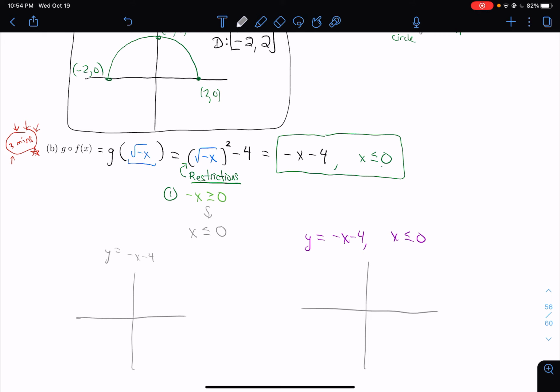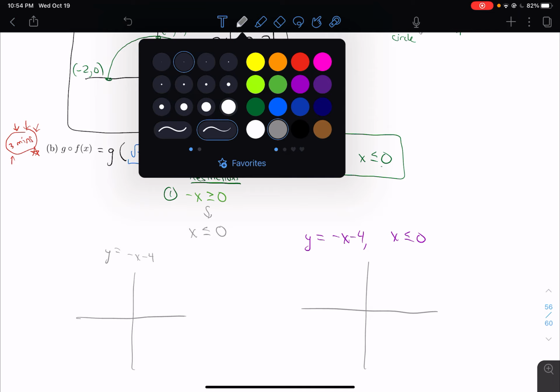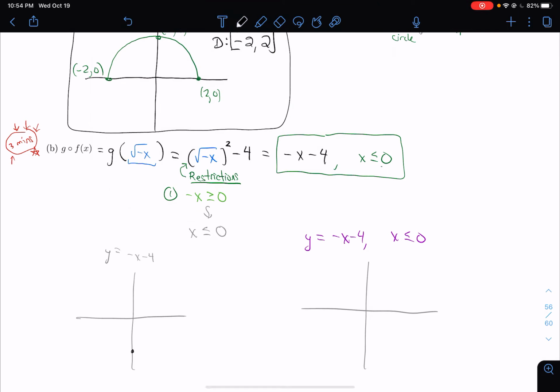So the graph of negative x minus 4 has a y-intercept of negative 4. In fact, let me just write the whole coordinate of it. It would be 0, negative 4. All right, and the slope is -1, so it's going like this. Just by symmetry of this picture, thinking about the slope, the x-intercept has to be at -4, 0.